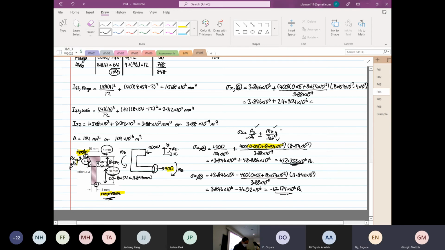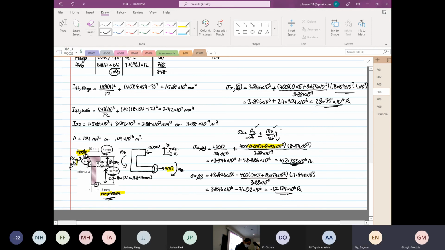So this is 3.846 times 10 to the power 6 plus 24.904 times 10 to the power 6, which is equal to 28.75 times 10 to the power 6 Pascal.